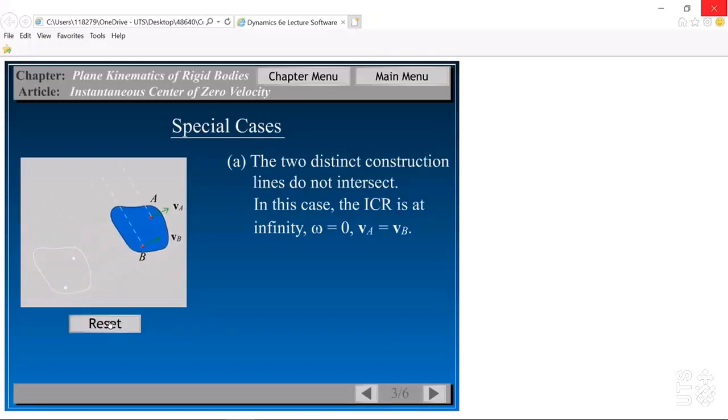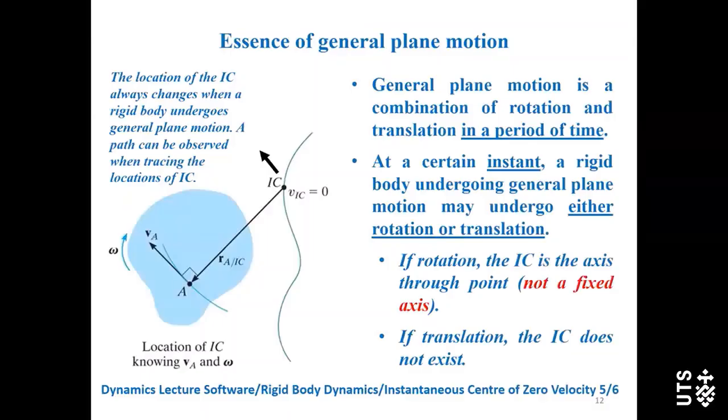This time period in this animation is exaggerated, and actually this is a very, very short time period. At this instant, the rigid body is undergoing translation. Now, the essence of general plane motion.